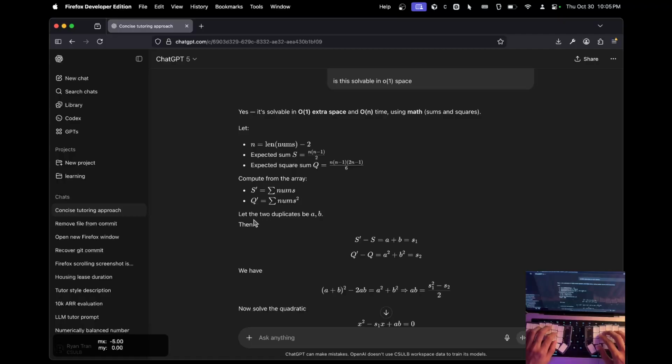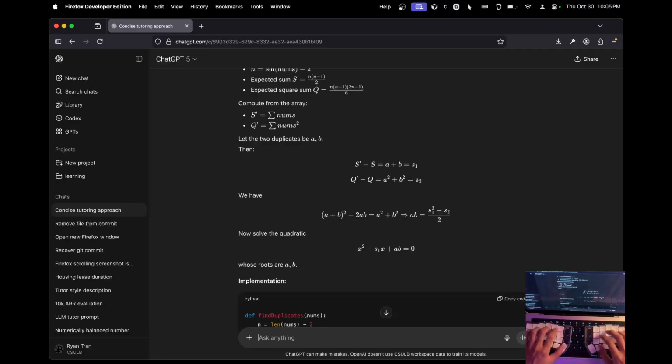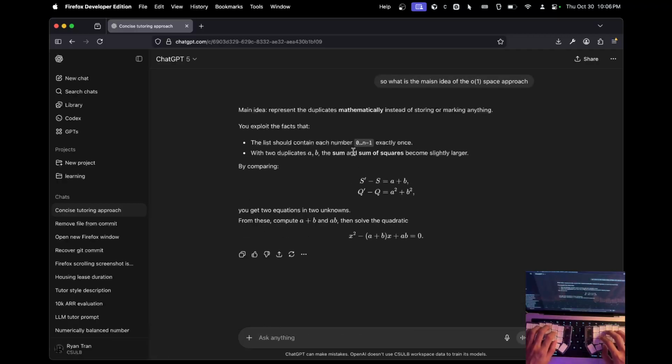Let the two duplicates be A, B. So what? The duplicates mathematically, so it's starting to work.